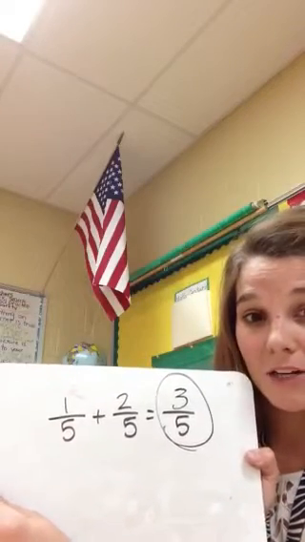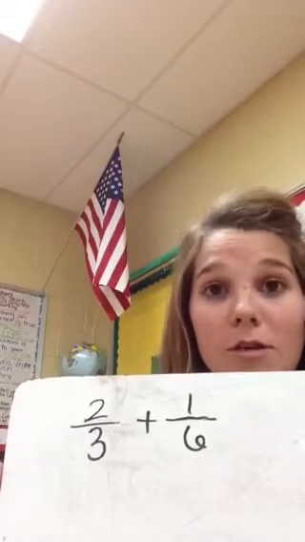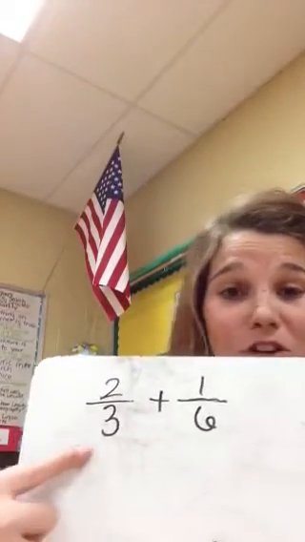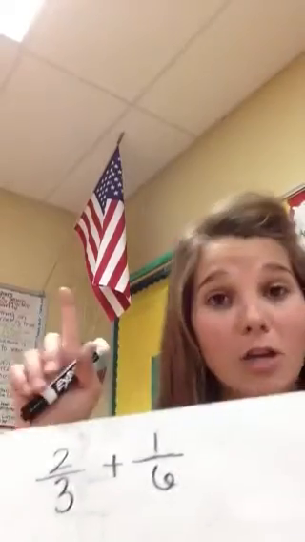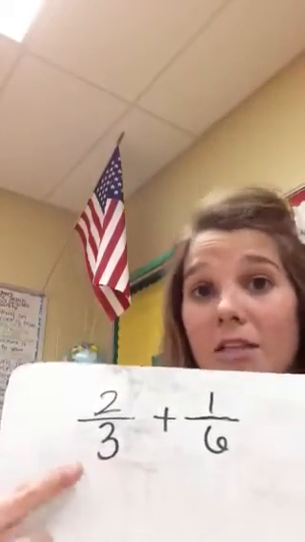What if the denominators are not the same? Let's take a look. If we had a problem like 2/3 plus 1/6, our denominators, our bottom numbers, are not the same. So there are a couple steps to get them the same. The first thing you can do is ask yourself, will one of my denominators go into the other?